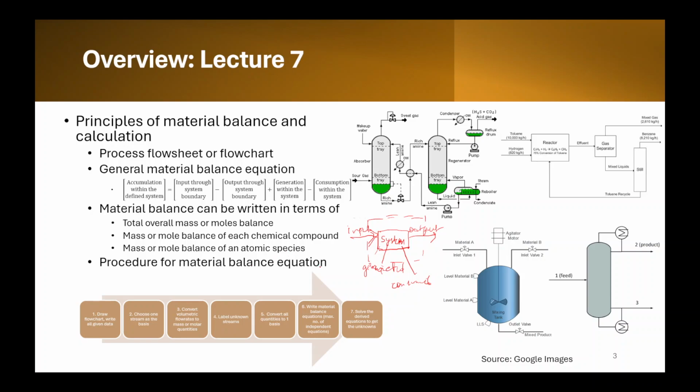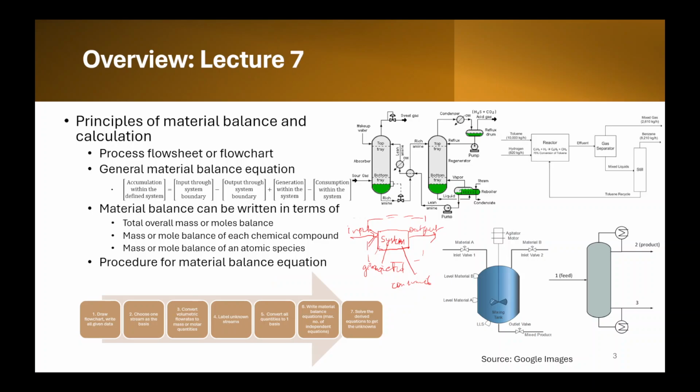Then mass or mole balance of each chemical compound or component material balance. Then mass or mole balance of an atomic species. Suppose you have some species CH4, and you want the carbon balance, you can do that as well.